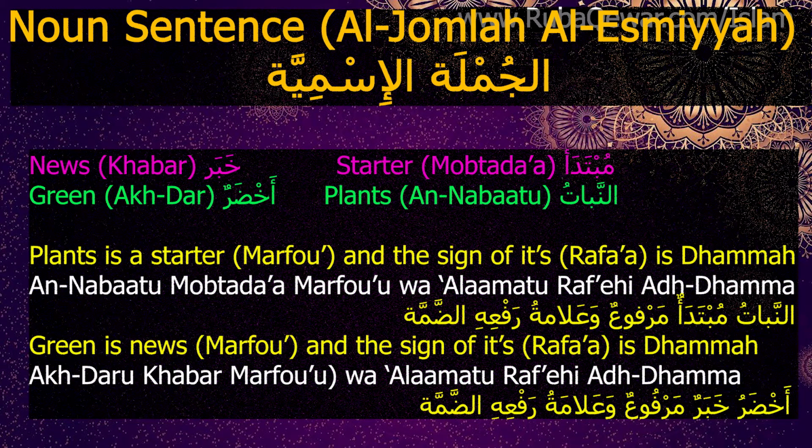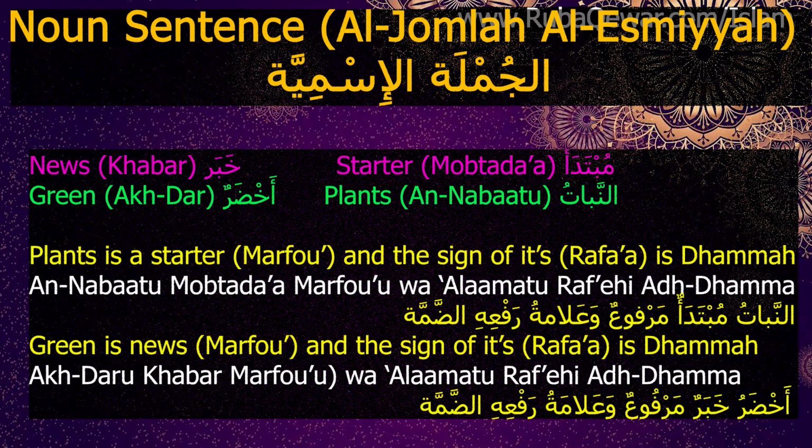So مبتدأ means starter. Okay, مرفوع, and the sign of رفع is ضمة, because if it is dual, the sign will be different. It will not be ضمة, it will be ألف نون. Why? لأنه مثنى. And I'm going to give you another example for مثنى.